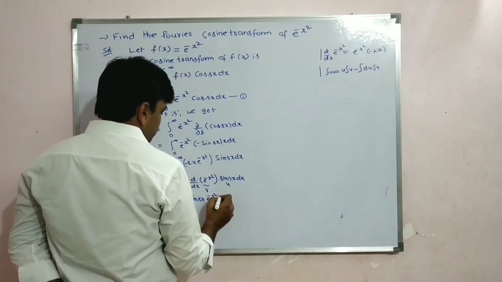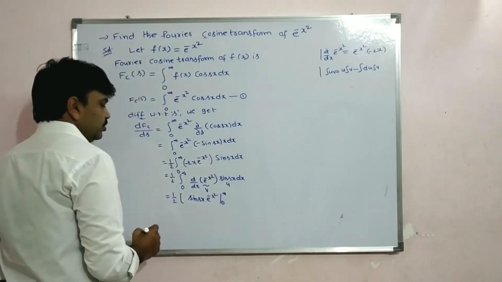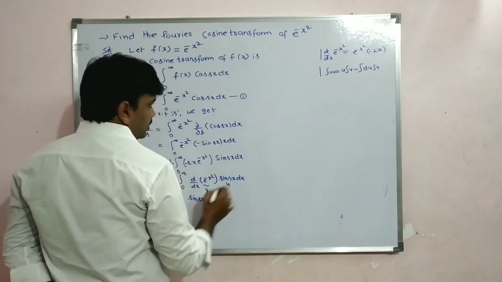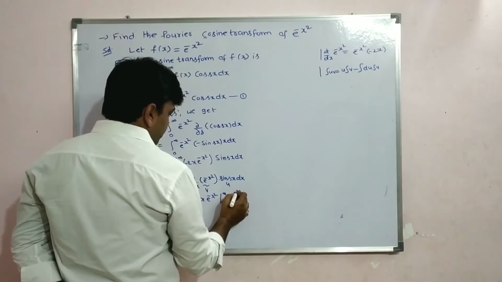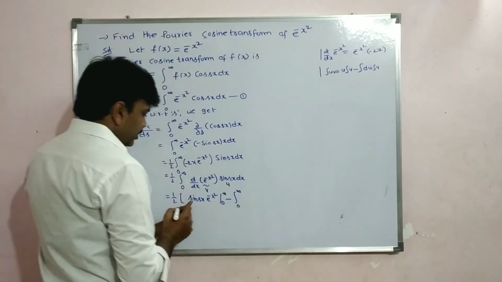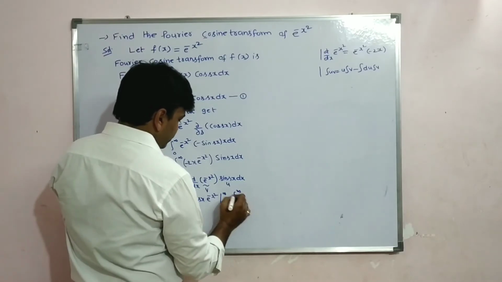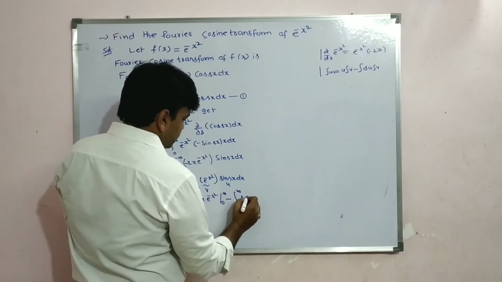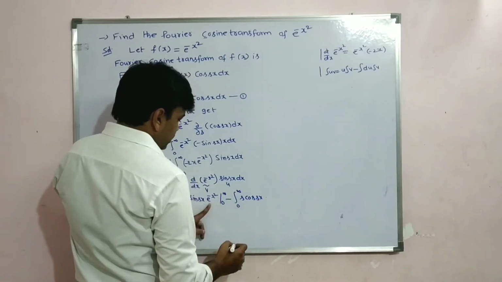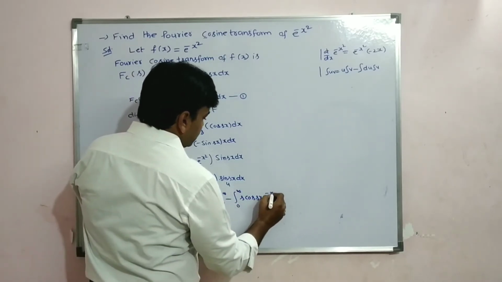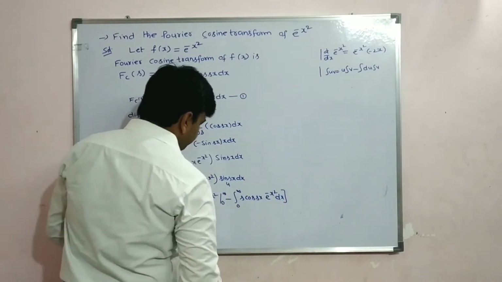between the limits 0 to infinity, minus the integral from 0 to infinity of the derivative of sin sx with respect to x, so s cos sx, and e power minus x square dx, bracket close.